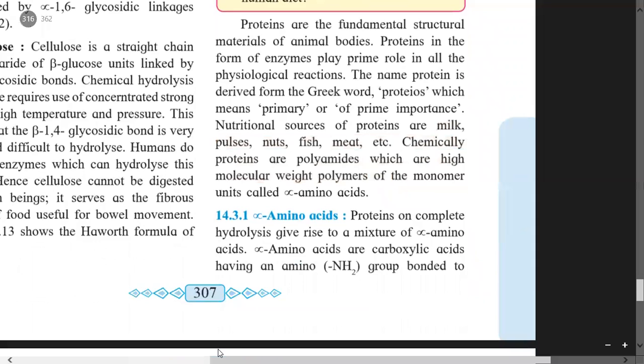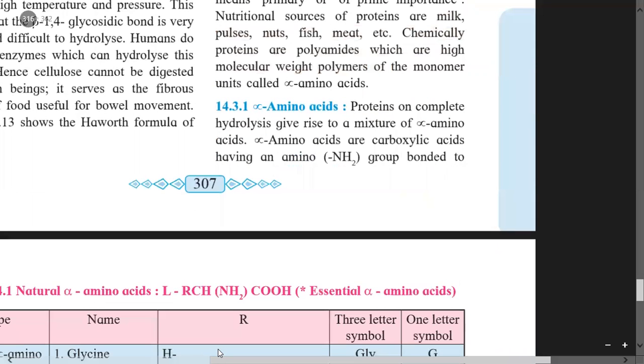Now we will study what amino acids are, their general formula, examples, and classification of amino acids. Protein on hydrolysis gives alpha amino acids.